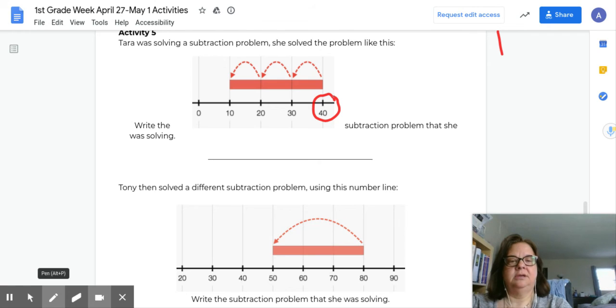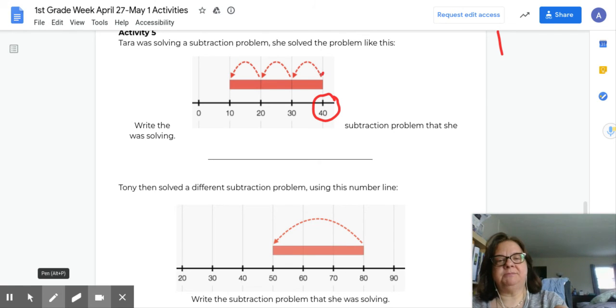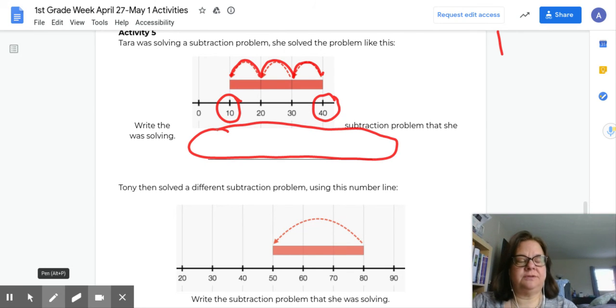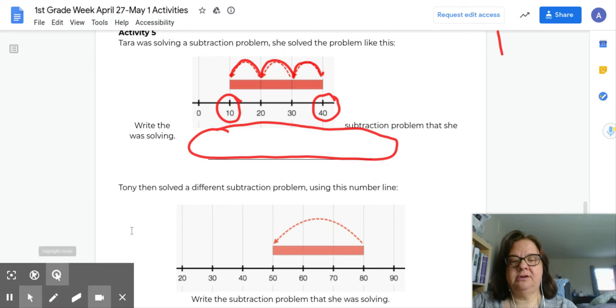Okay? And how many jumps that she made. Well, there's 10, 20, 30, and then this is the answer. You have to write the equation right there that the picture shows. Okay? We're going to move down a little farther.